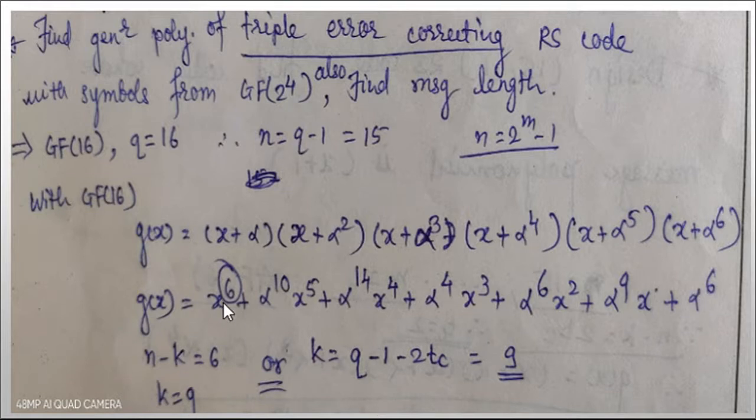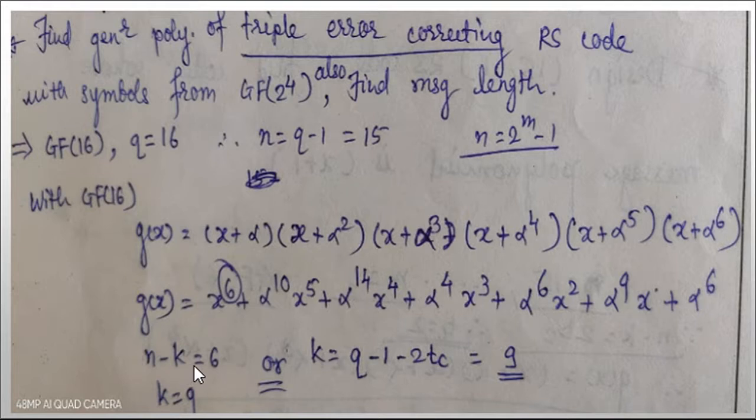But here the thing is, what exactly are the values of n and k? Although it is not provided in the problem statement what n is and what k is, just try to refer to the properties of Galois field, where the highest degree term of g of x, that is 6, is nothing but n minus k. So n minus k is equal to 6.